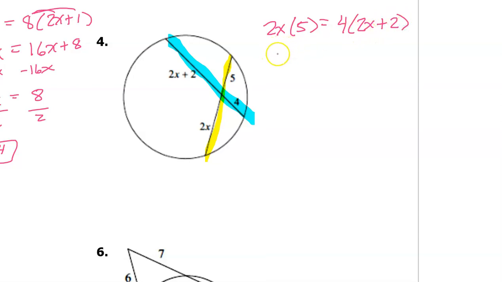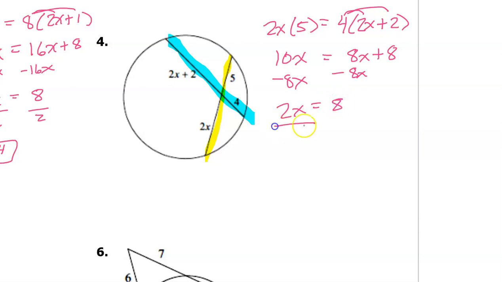So on the left side, we get 10x. And then on the right side, with a little distributive property, we get 8x plus 8. Subtracting 8x from both sides, we get 2x is equal to 8. And then if we divide both sides by 2, we get x is equal to 4.